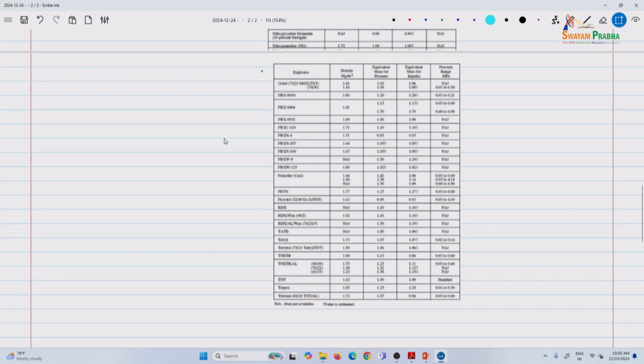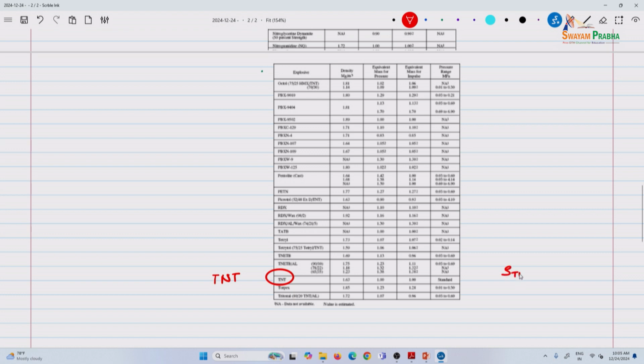So here, if you see the TNT part of it, that's right, this is the basis. So this is TNT, and the density, if you see, is 1630 megagrams. It's good to know these numbers.